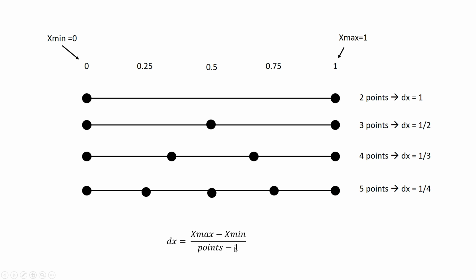Seems a bit weird to have the -1 in there, but you'll see that that's the case because you've got this last value. You have 3 points. That's your length, which is 1 over points minus 1. So for 3 points, you have 1 over 2. For 4 points, you have 1 over 3. For 5 points, you have 1 over 4, and so on and so on. So this is what we want to calculate in our program to figure out what our increment dx is going to be.